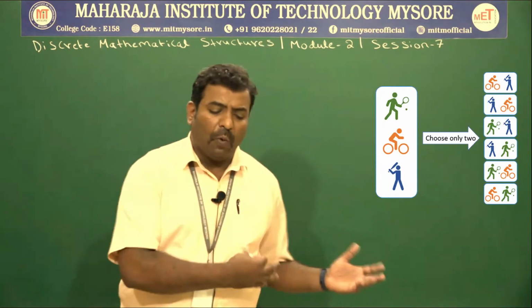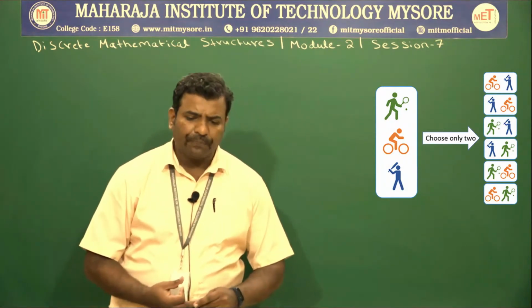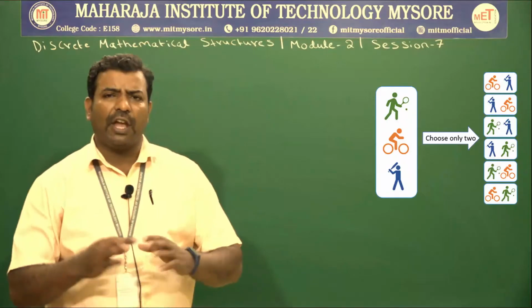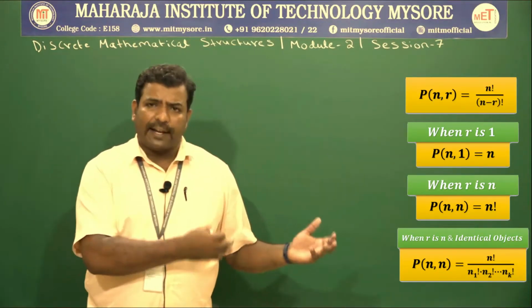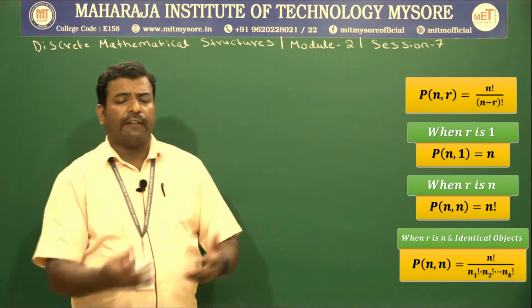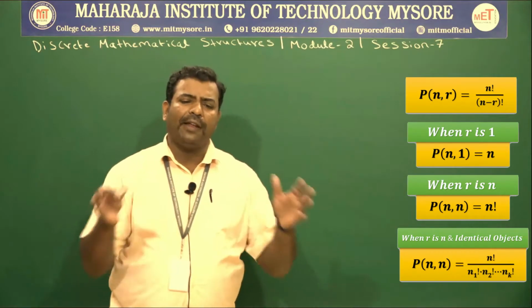I also gave you the general form of permutation, and 3 cases: where n and r can be equal, where the value of r can be 1, or where r can be anything in between.